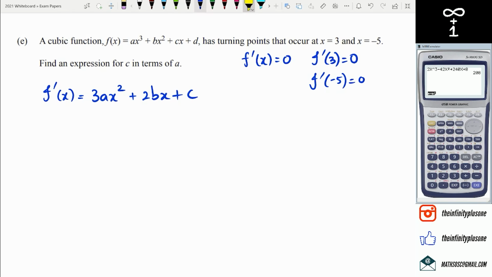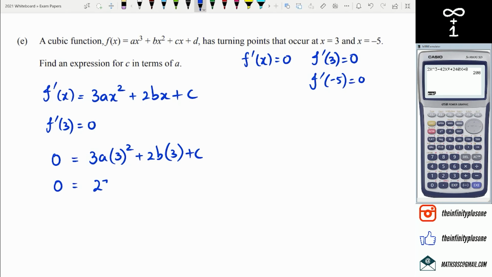So I'm going to use f dash of 3 equals 0 first, which means I'm going to get 0 is equal to 3a, x is 3, so that's going to be 3 squared, plus 2b times 3 plus c. So 0 is equal to 3 squared is 9, 9 times 3 is 27, so 27a plus 6b plus c. My first equation.